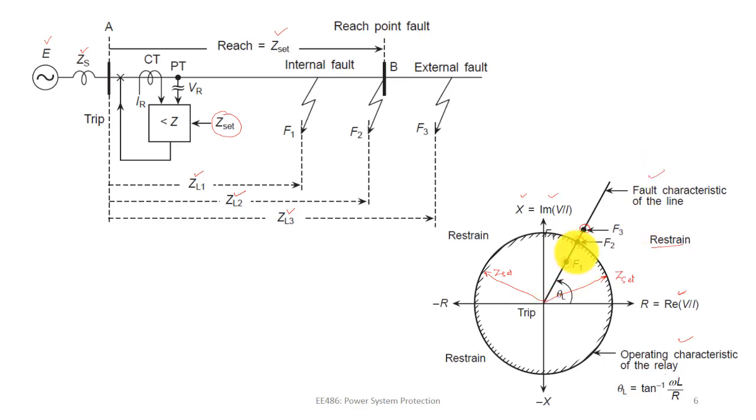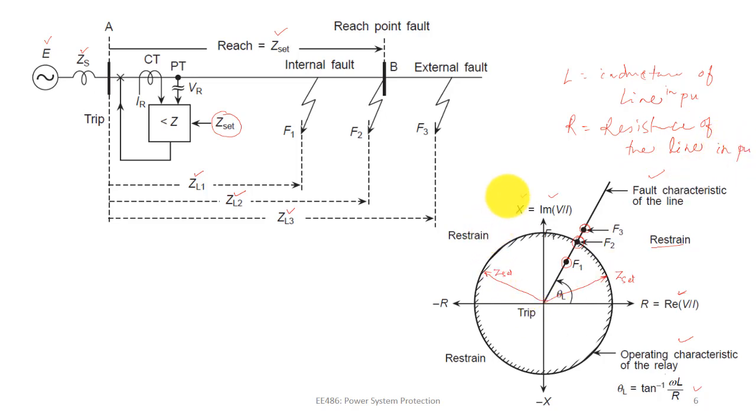The line which is making an angle theta L with respect to R is nothing but tan inverse of omega L by R. Here L is the inductance of the line, in per unit or whatever you take, and R is the resistance of the line in per unit.